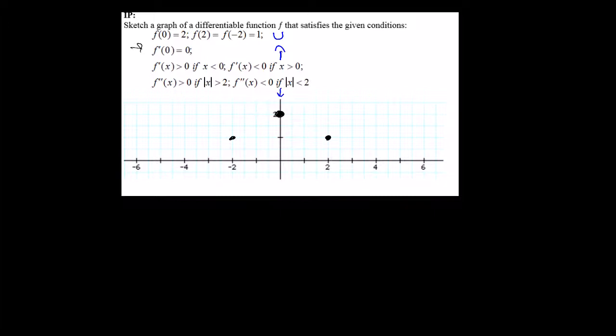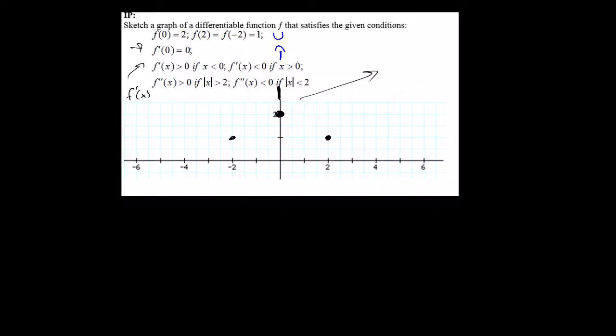So we know our derivative is greater than 0, so that means it's increasing in slope if x is greater than 0. So we're going to come up here and we're going to say our f prime of x from 0 onwards is going to be increasing in slope.